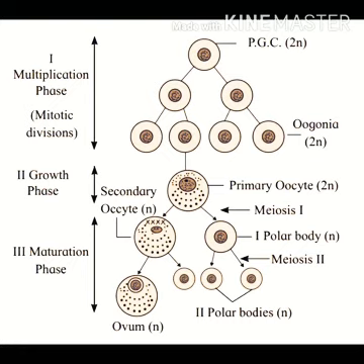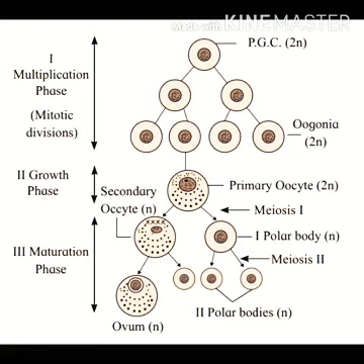Normally, the first polar body does not enter meiosis II. The secondary oocyte, which is haploid in number, proceeds in meiosis II only up to metaphase II.